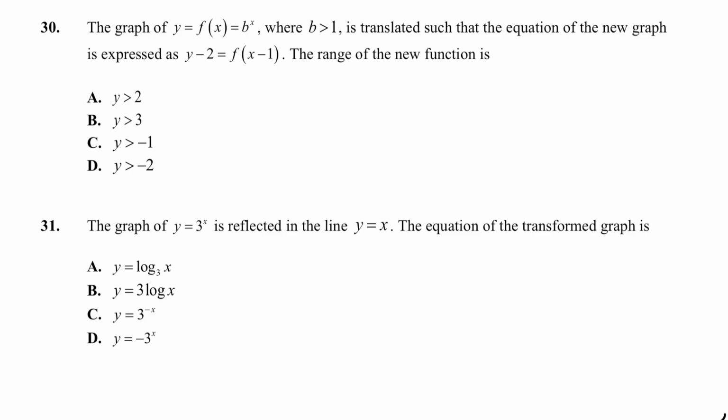So we're reflecting it, right? Now, because it's being transformed, we need to write it as a log. So it's going to be log base 3 of y is equal to x. Now, because it's inversing and reflecting, we're going to switch x and y, and that's going to give us option A.